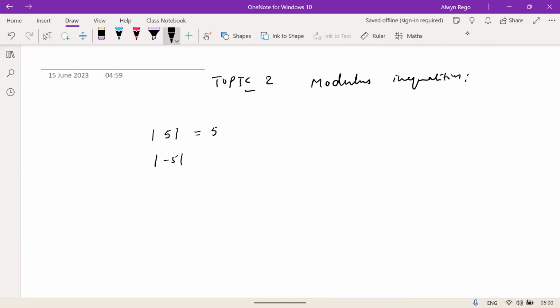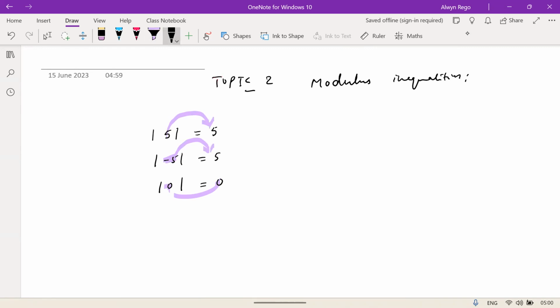Modulus of -5 is equal to 5. Modulus of 0 is equal to 0. So if the number is 0, obviously the modulus is going to be 0. If the number is positive, it will come out as it is. If the number is negative, it comes out as positive. So basically, the modulus of a number is a non-negative value.